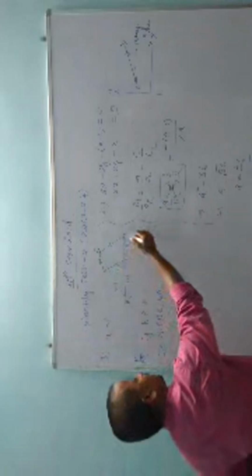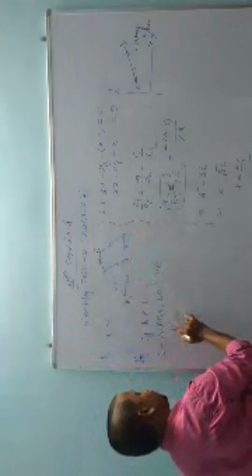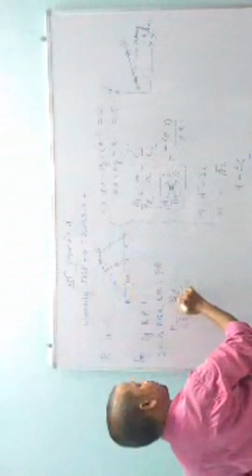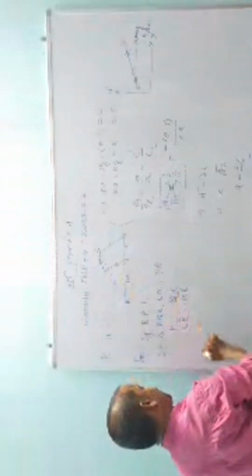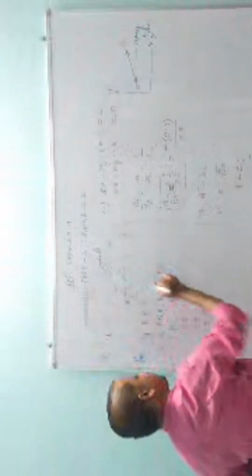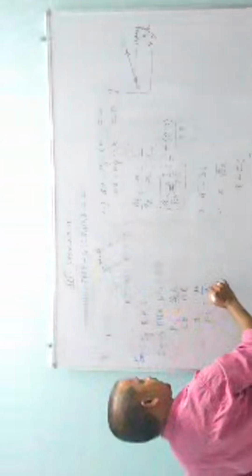Therefore, we can write PL by LR is equal to QM by MR. Next, PL is given as x, LR as x minus 2, QM as x plus 2, and MR as x minus 1. So we need to find the x value here.